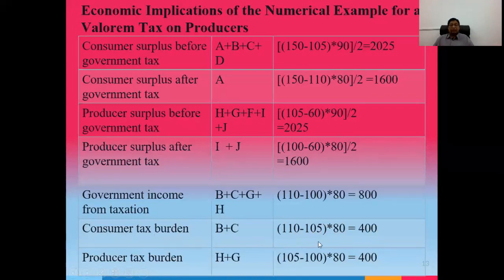Consumer tax burden 400. Similarly, we can estimate producer tax burden. That is given by the area of H plus G. Again, the price difference between equilibrium price and producer's price, 5 into equilibrium quantity after tax equals 400. Producer's tax burden 400.